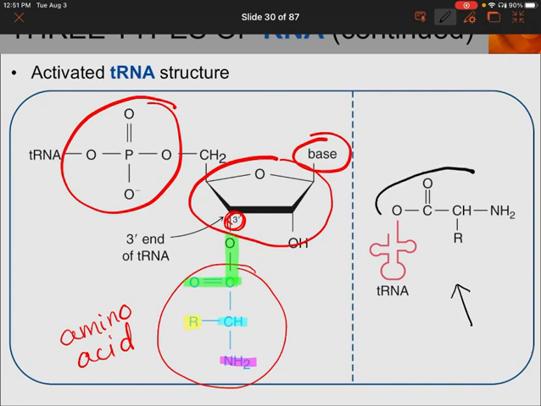Here's our amino acid, and then we can just say, here's tRNA, and we'll just draw that little T structure that we saw. Again, tRNA's main purpose is just to transfer an amino acid to the appropriate place in a protein.